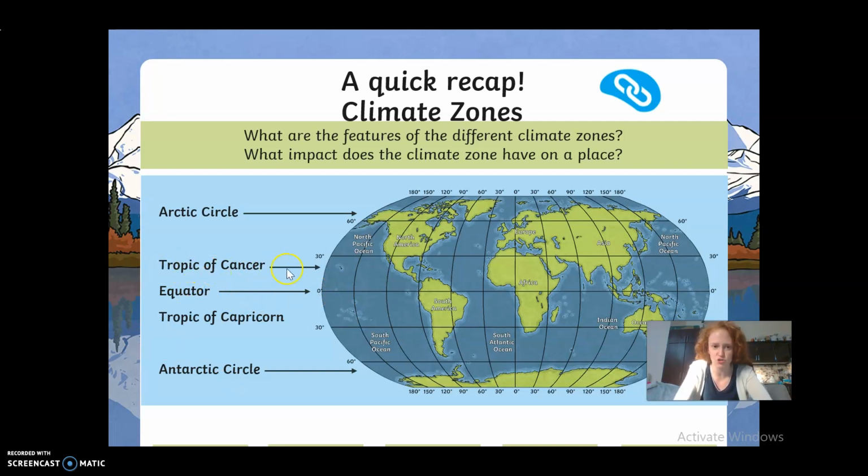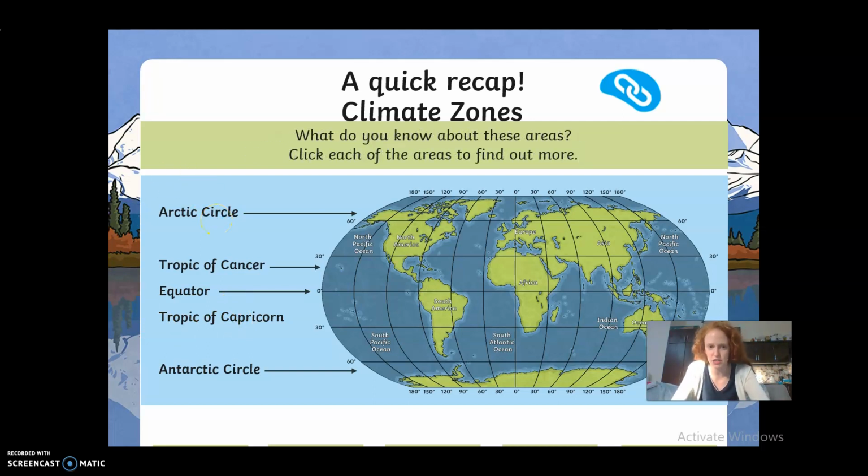Then we have the Tropic of Cancer at 23.5 degrees, the same as Tropic of Capricorn, 23.5, whereas Cancer lays north, Capricorn lays south of the equator. Same with Arctic Circle. Arctic Circle lays at 66.5 degrees north, and Antarctic Circle will be 66.5 degrees south.